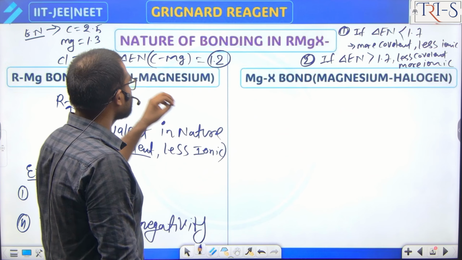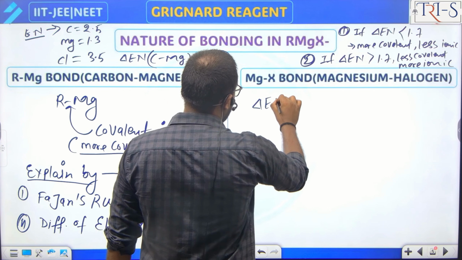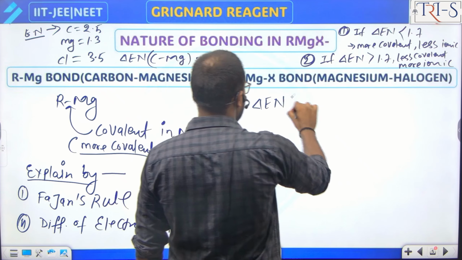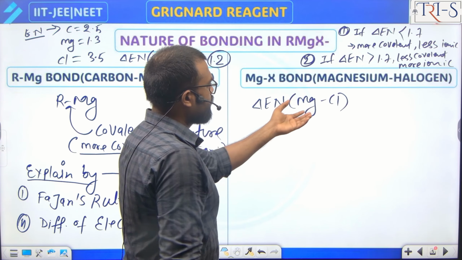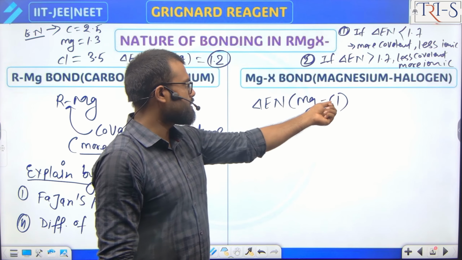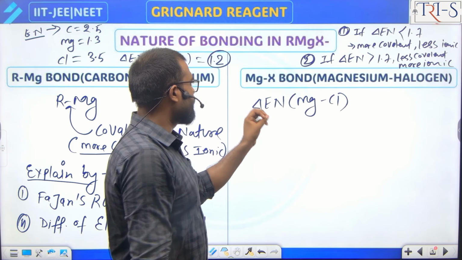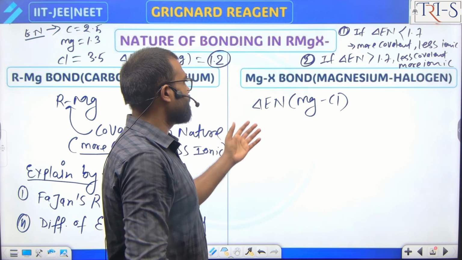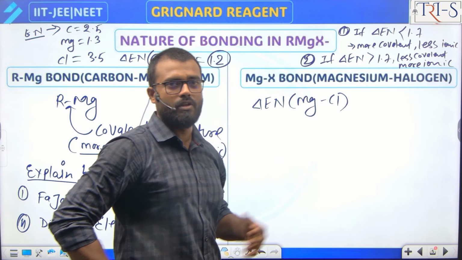And if we talk about the difference of electronegativity between magnesium and chlorine, you can roughly replace chlorine with bromine and iodine as well, but we have rough data, so we can easily explain the concept.